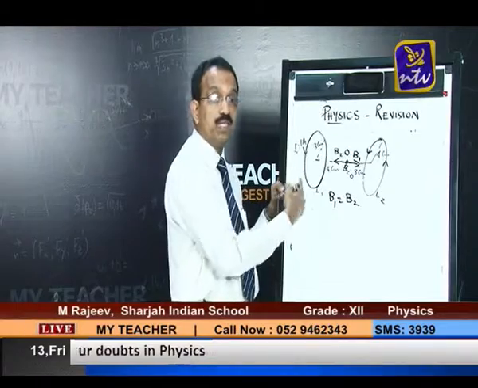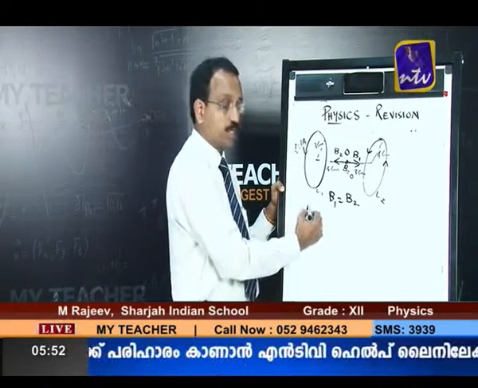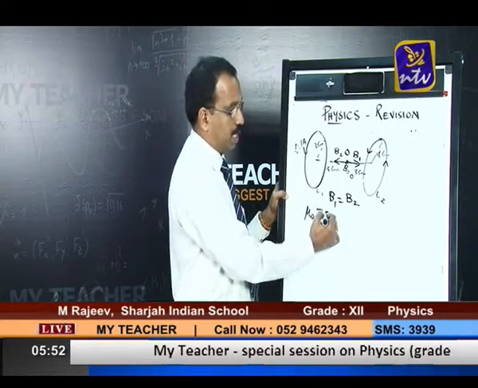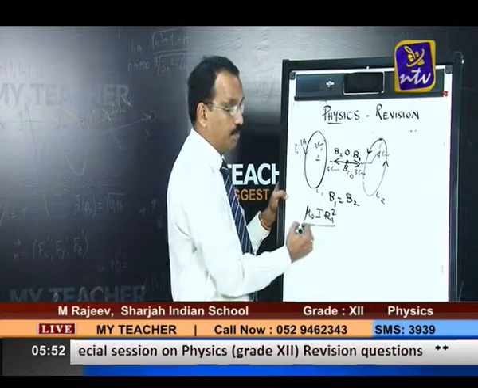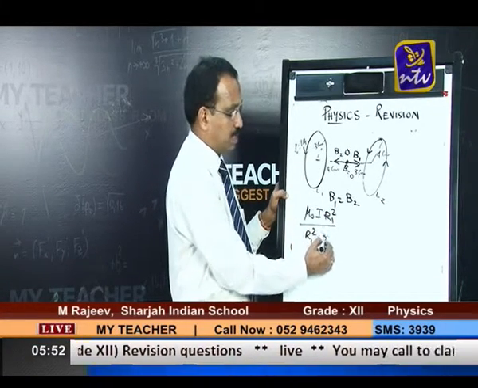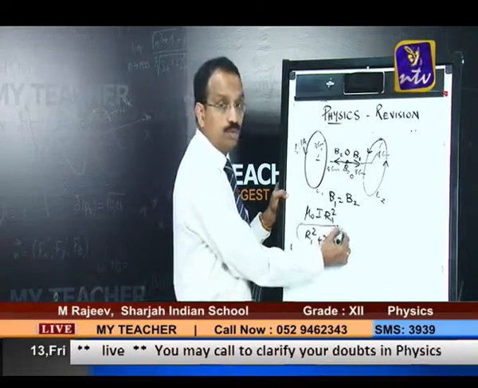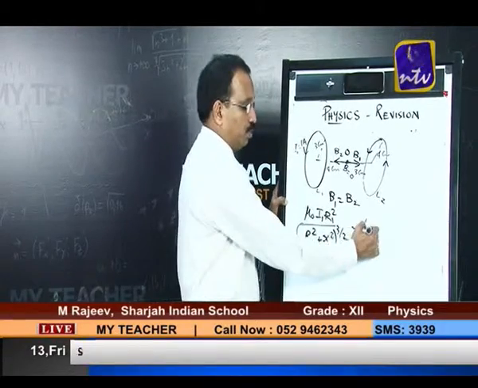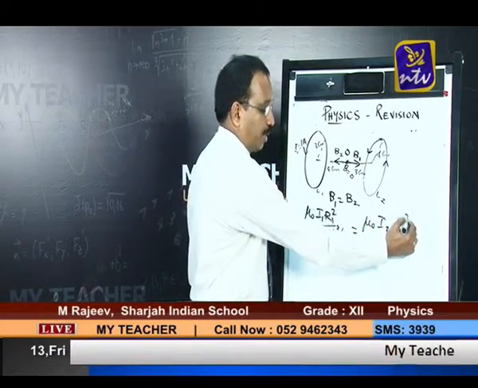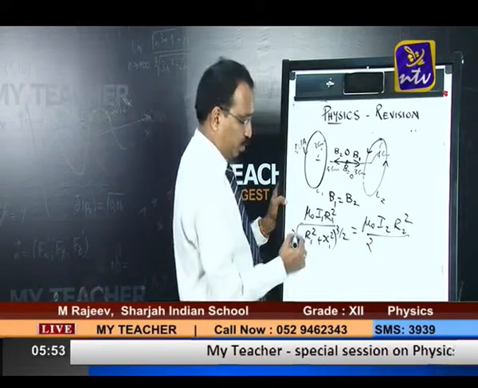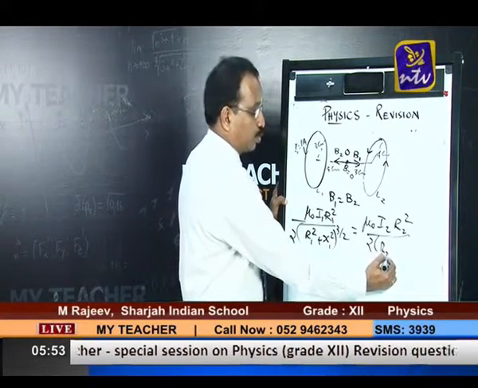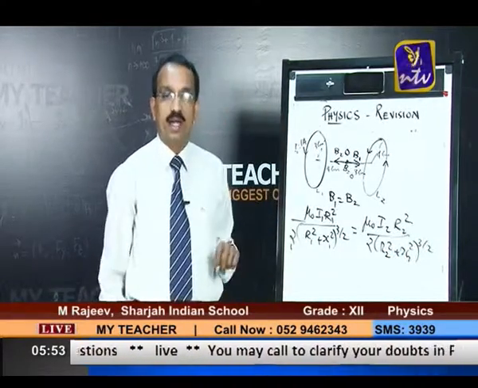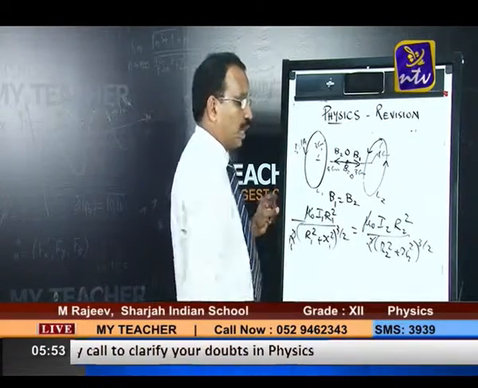We have seen the equation for magnetic field at a point on the axial line. mu 0 I1 R1 squared by 2 into R1 squared plus X1 squared the whole raised to 3 by 2 should be equal to mu 0 I2 R2 squared by 2 into R2 squared plus X2 squared the whole raised to 3 by 2. So, we equated the two magnetic fields, mu 0's and 2 cancel off.